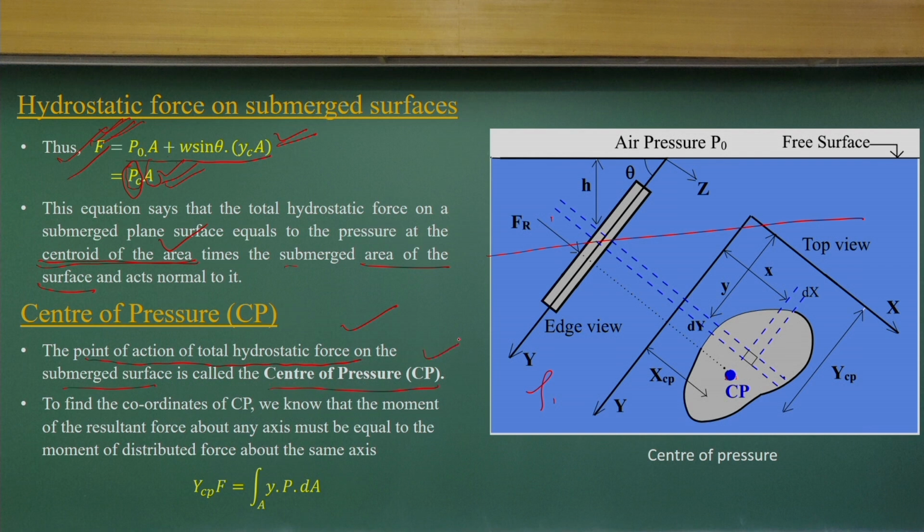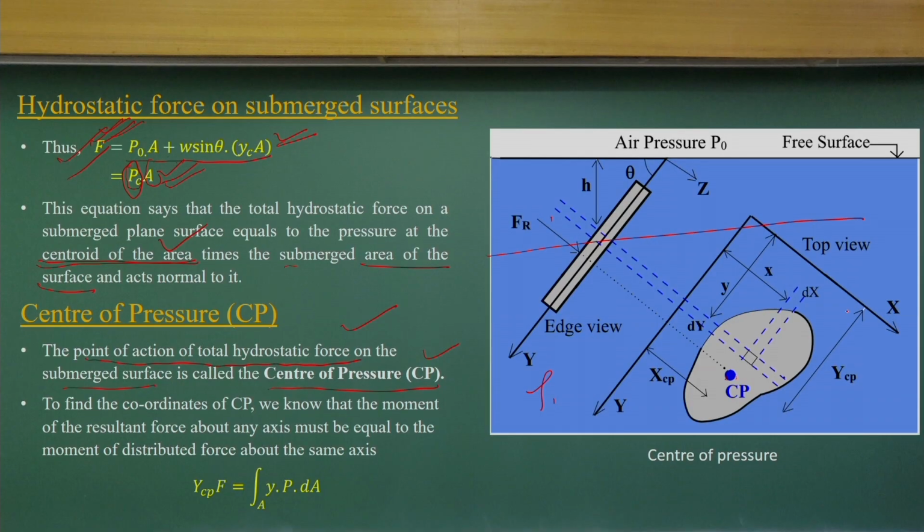Now, if you look at how to compute it, this is a very simple case, as you have done in solid mechanics. You take moments of the resultant force and of the pressure distribution about one point. Here we consider an axis point to compute where it acts.